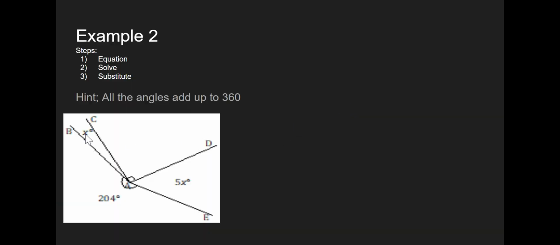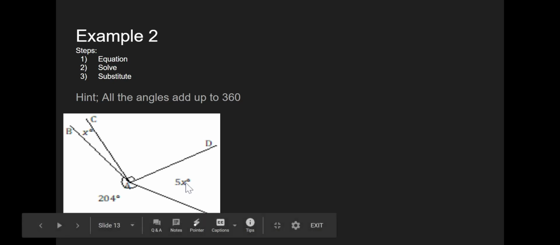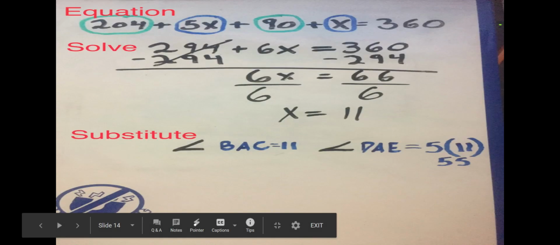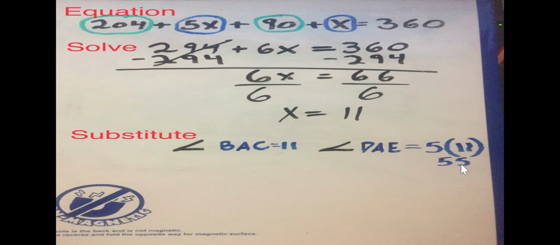Angle BAC for x. Wherever there's an x, I substitute. So I put 11 for angle BAC. And then we have 5x. So 5x now turns into 5 times 11. Okay? And 5 times 11 is 55. So angle DAE is 55.